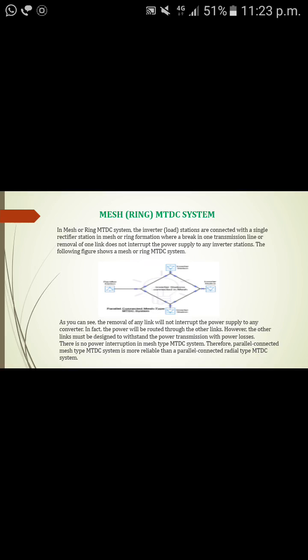Whenever there is a break in one transmission line or if you remove one link from the system, it doesn't interrupt the power supply to any inverter stations like radial systems. As you can see in the figure, the removal of any link won't interrupt the power supply to any converter.